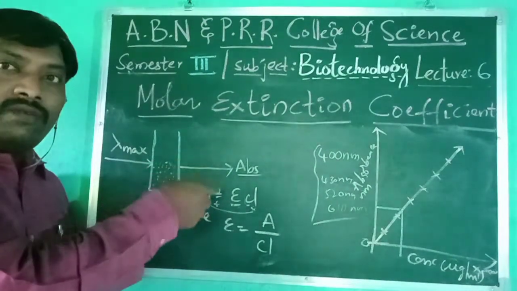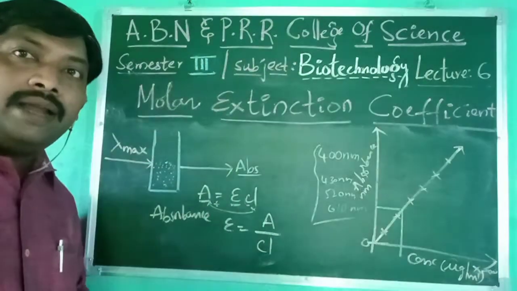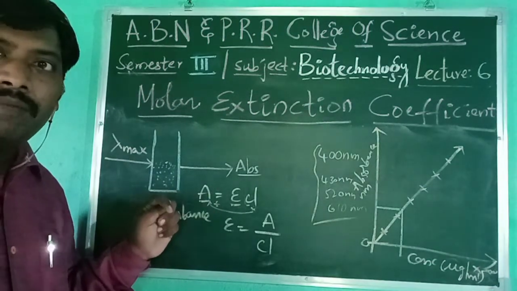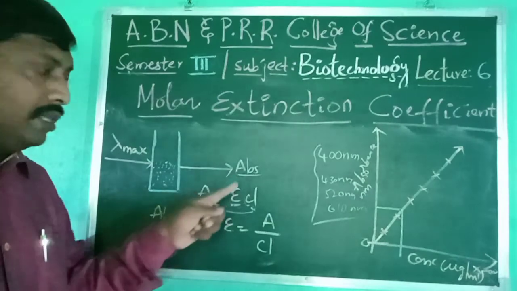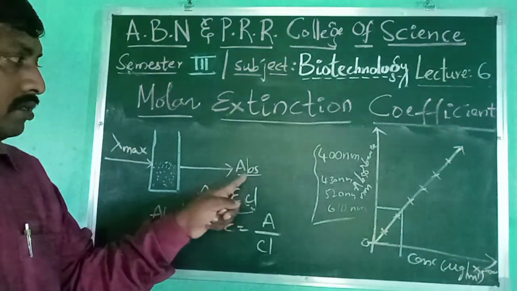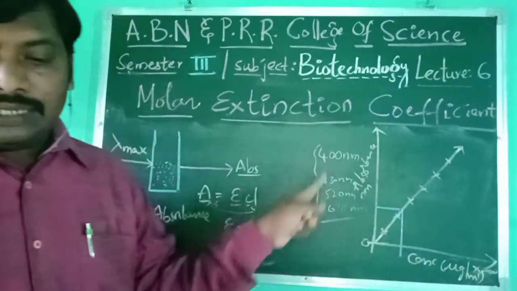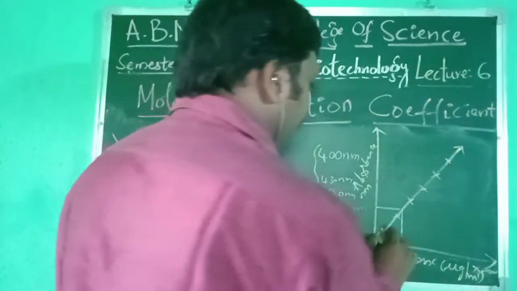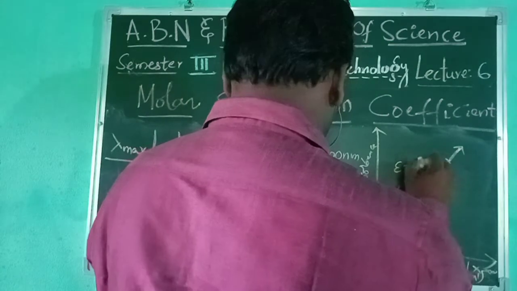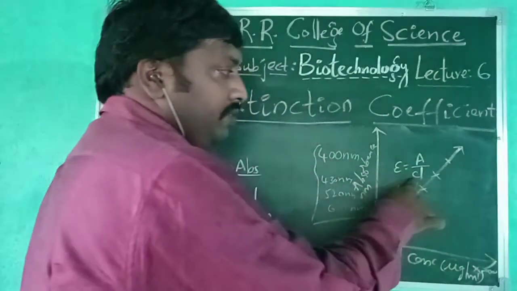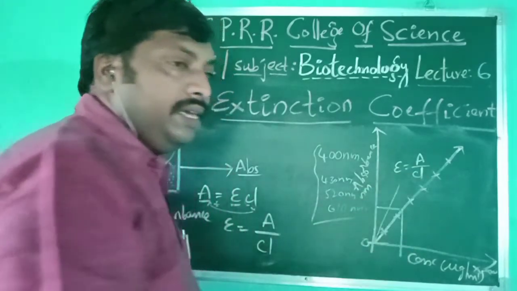By that amplifier we can know the optical density by using the galvanometer. These values we can express using the extinction coefficient. This extinction coefficient is represented by E equals absorbance divided by the concentration of the solution and the path length.